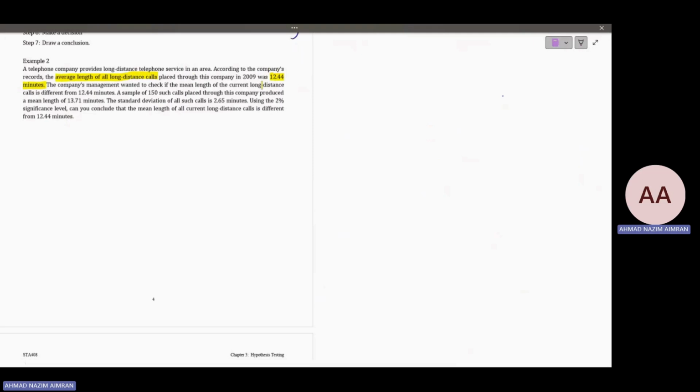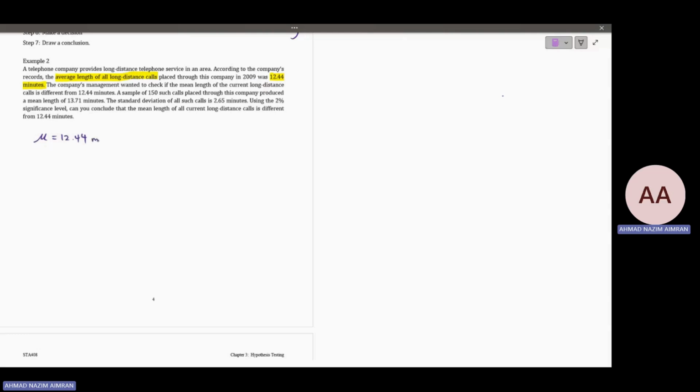This is based on the company's record. So this is actually our mean, the mean of the population, because it is based on all of the company's records.